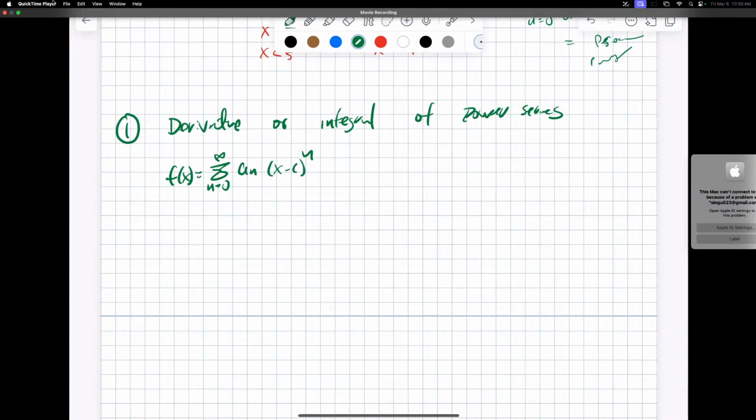This is some type of power series. We can just write it out in the first few terms. Now, what happens if I take a derivative of this? What happens to your first term? What's the derivative of this?